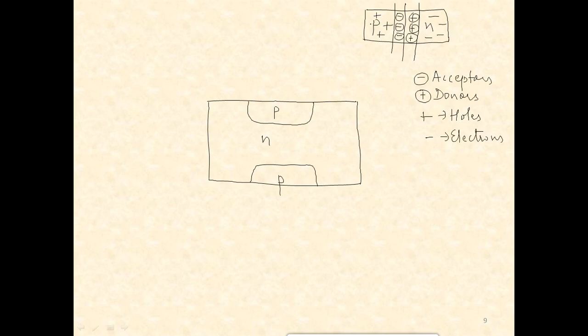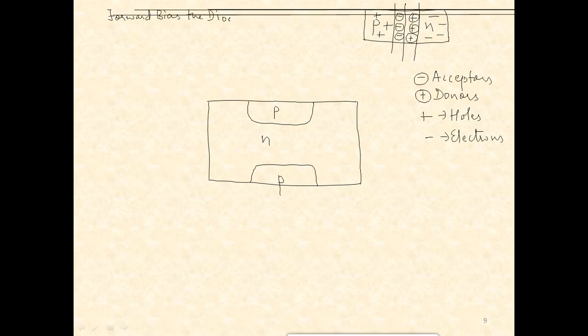Now the point is, if I just bias the diode, if I forward bias the diode, then what happens to the depletion region? Whether the depletion region increases or decreases? Students, I am asking this question to you.